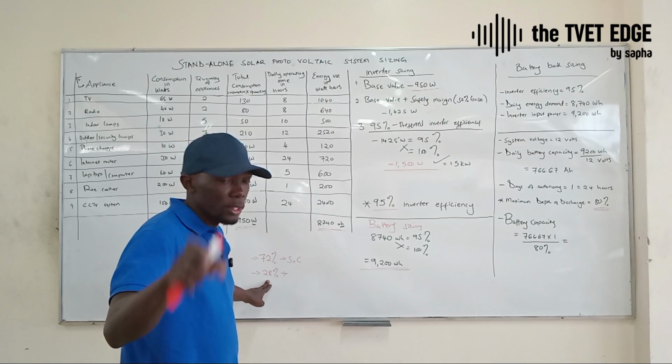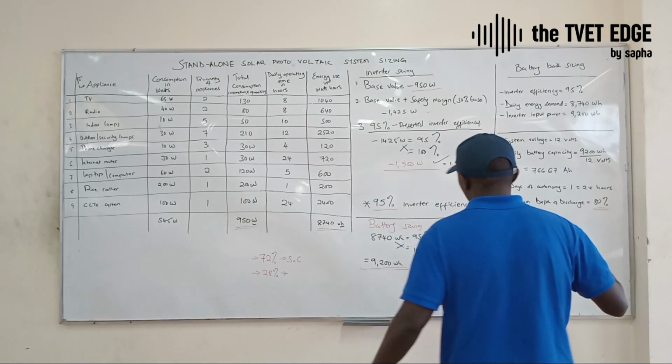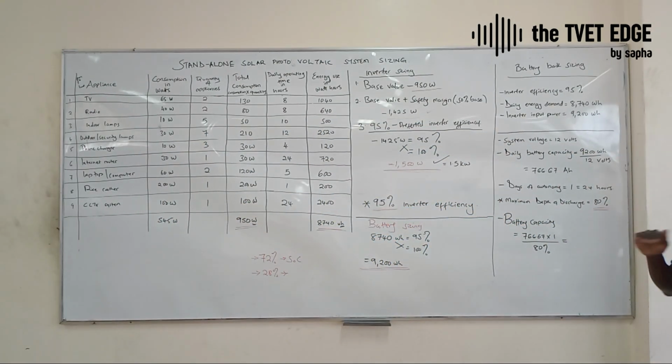For some battery technologies, you are allowed to discharge them to 80%, meaning you are allowed to use that battery until its state of charge gets back to 20%. So from 100, you take it all the way to 20%. I hope we get that right.